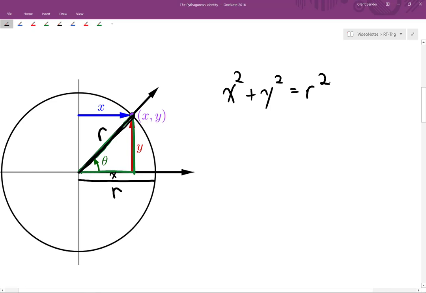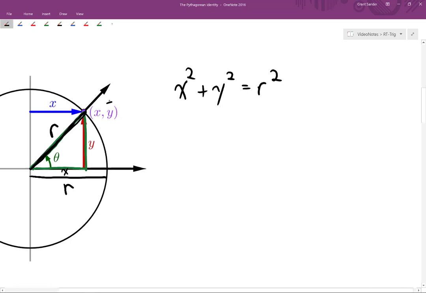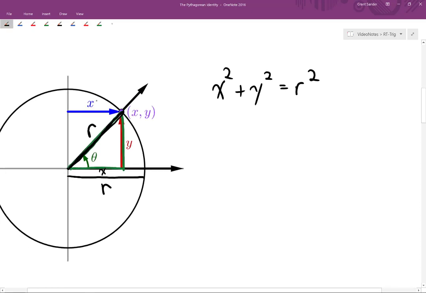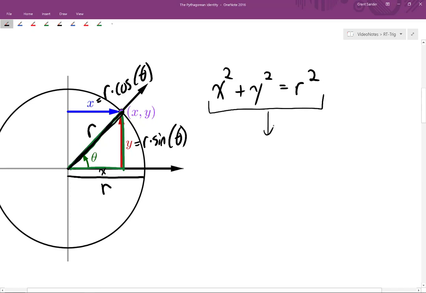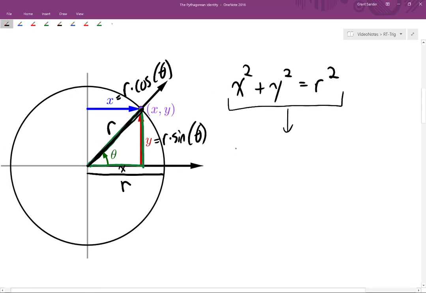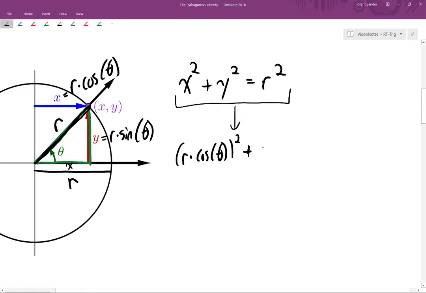But the trigonometry that we've covered before tells us that x is equal to r times cosine of theta, and y is equal to r times sine of theta. And therefore, if we take this equation here and plug in those outputs of the trig functions, we end up with r times cosine of theta squared plus r times sine of theta squared is equal to r squared.